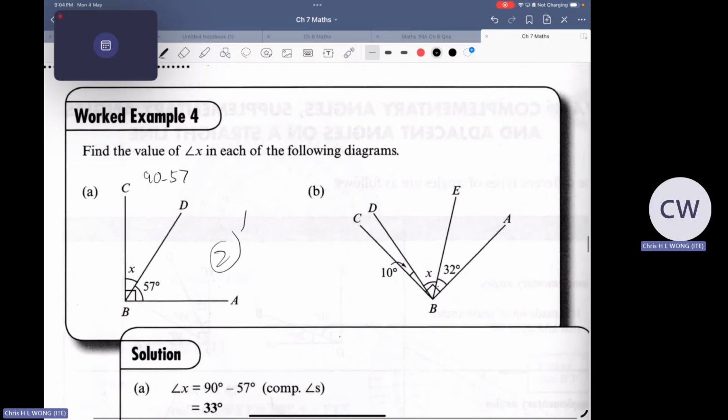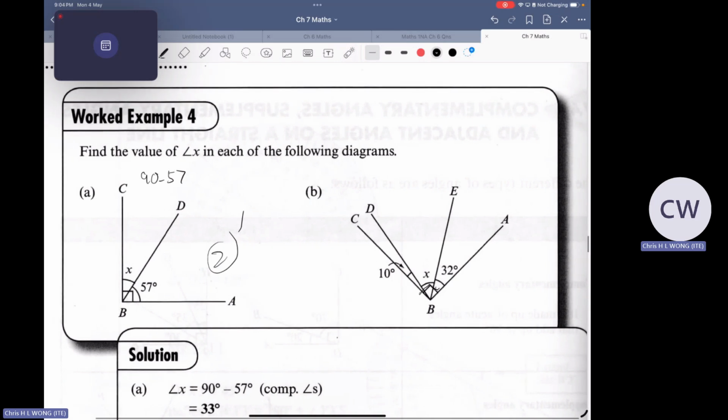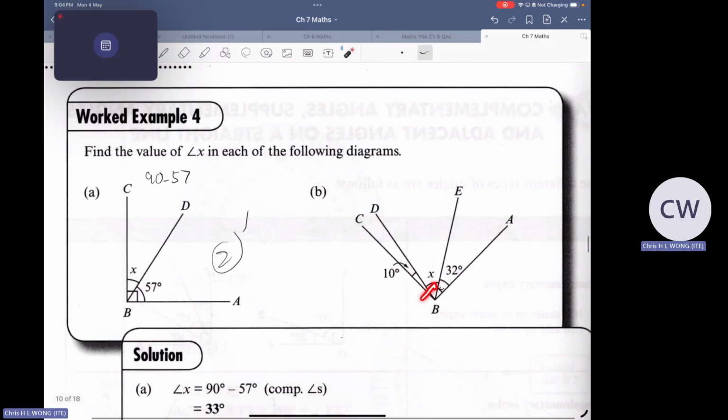Okay, look, B. If I ask you how to get x, you look at x, and say I will use 90. Why did you use 90? There's a 90 here, right? So x is equal to 90 minus 10 minus 32, right? Why did you use 90? Complementary angle. You must put down the reason.